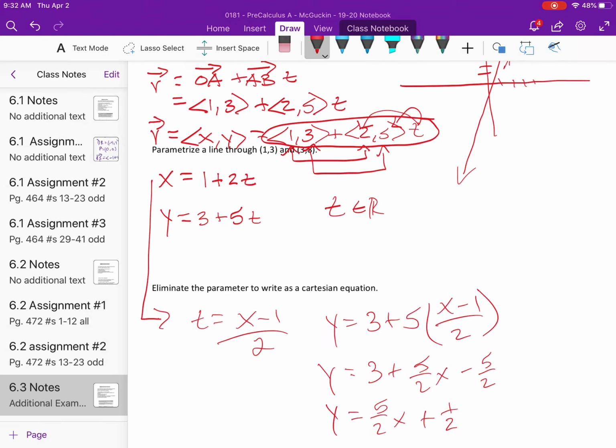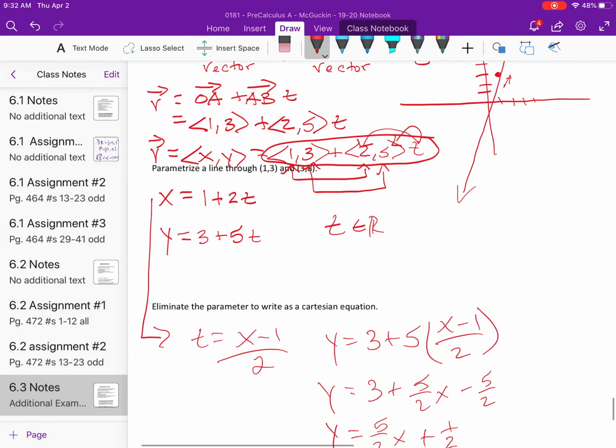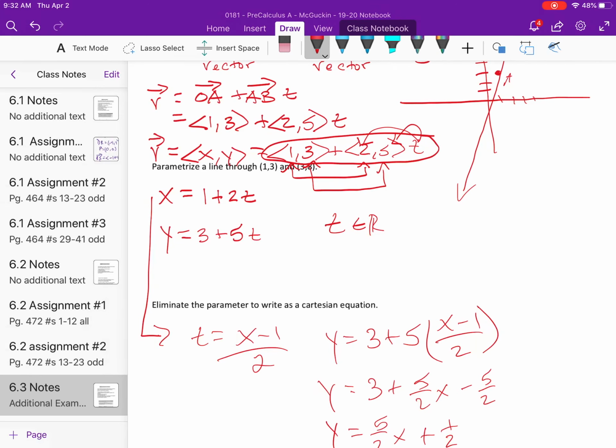Now, before we close, I want to show some relationships here, especially in this Cartesian equation in regards to the vector equation in the beginning. If you remember correctly, when we're talking about our direction vector, that direction vector really is the change in y and the change in x. That is what the x and y components are when it's all said and done.